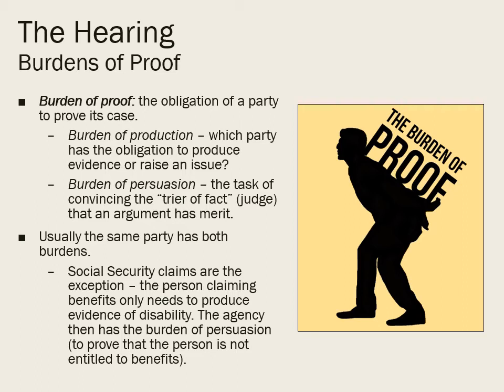It is the agency that has to satisfy the burden of persuasion and prove that even though the person is disabled, they are not entitled to benefits. So while that is an outlier, because the Social Security Administration hears so many claims per year, it is an important factor.